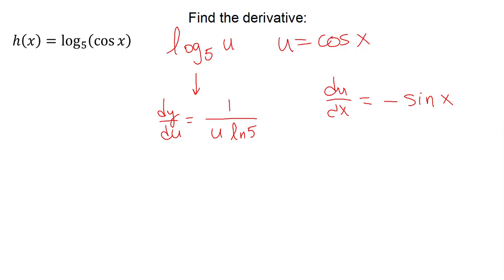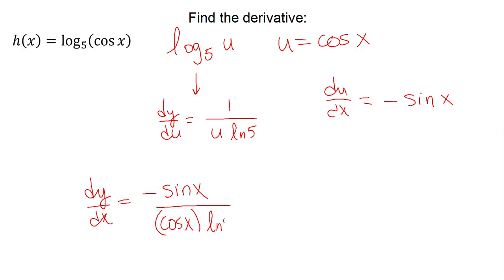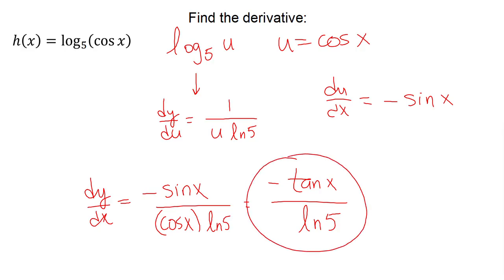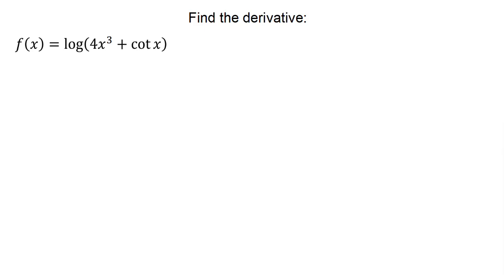And so we can just multiply those together, saying dy dx is negative sine x over cosine x ln 5, or if you prefer, I would probably normally write it this way, negative tangent x divided by the natural log of 5, but either one's really fine.